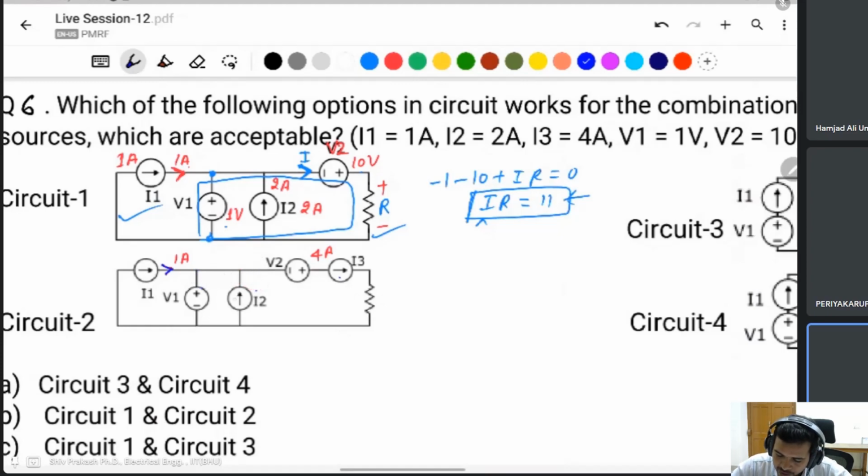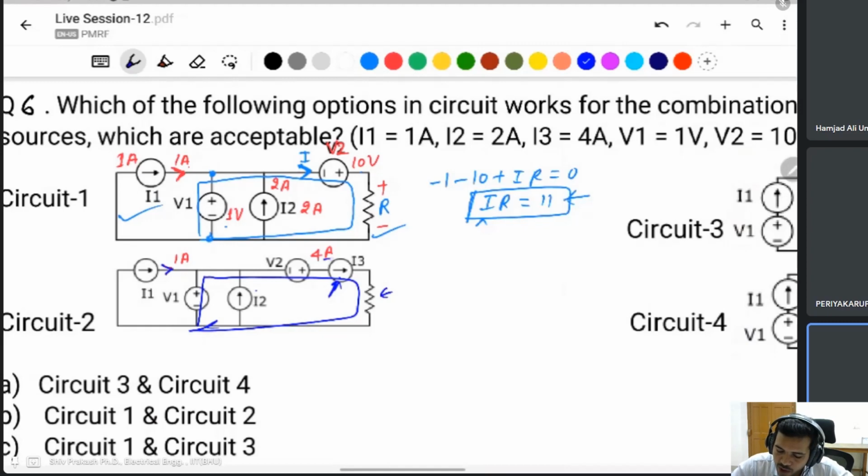Suppose the 4 ampere is given, but the resistance value is also not given. Then apply the KVL. Directly you can apply KVL here, because the current source is there and the resistance is also not mentioned. Then you can take any resistance.